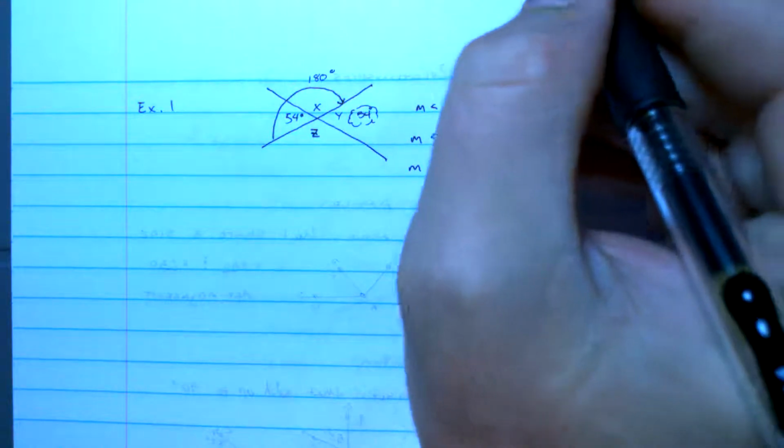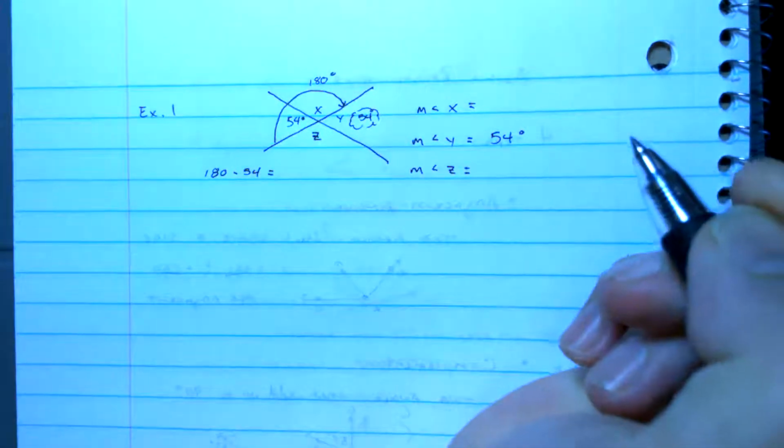If that's 54 and that's 54, then these two also have to be congruent. And you'll remember that these two right here make a 180-degree pair. So 54 and what gives me 180 degrees? All I need to do is figure out 180 minus 54, which gives me my answer for those other two angles. 180 minus 54 is 126.